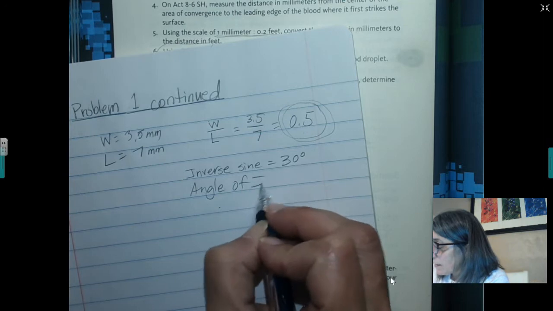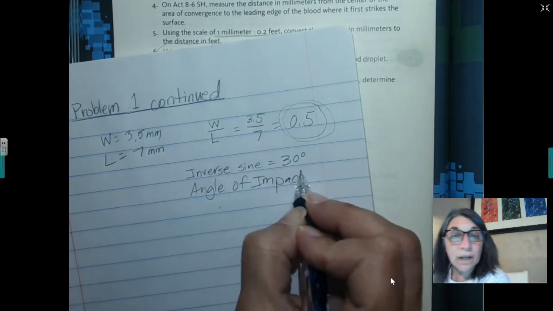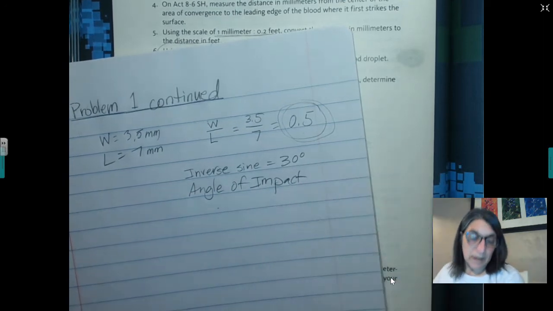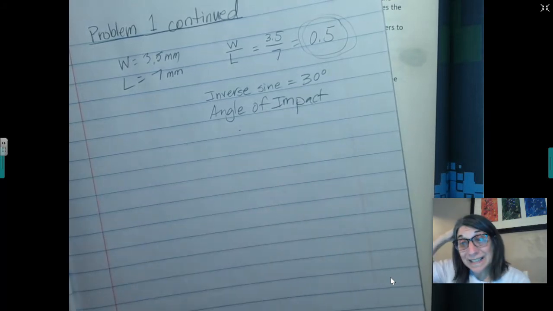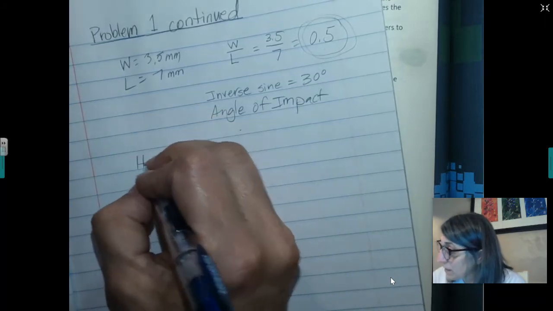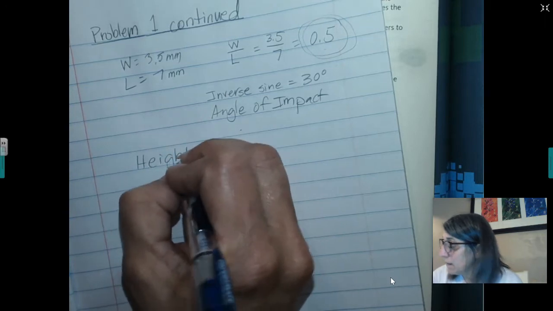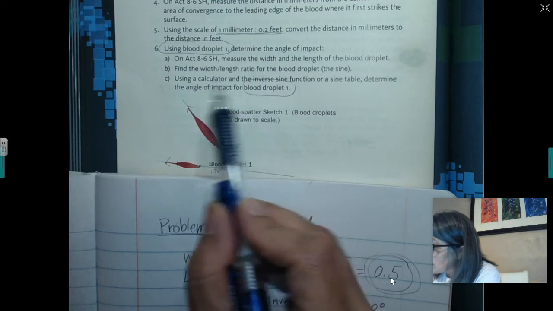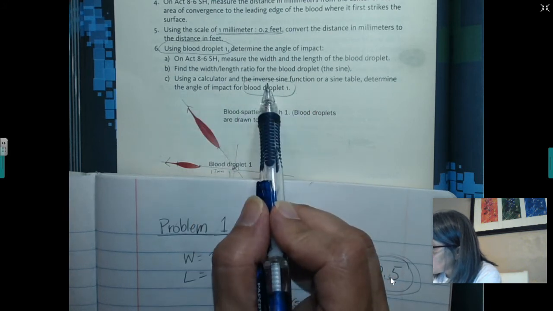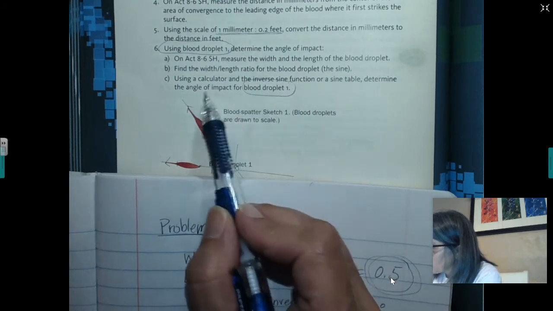Okay, now I think I know everything that I need to know to do the final step. My final step, remember, is to find the height. In order to find the height, which is the last piece we're trying to find, because we've done width and length, and we used a calculator to use the inverse sine, and we came up with the angle of impact.